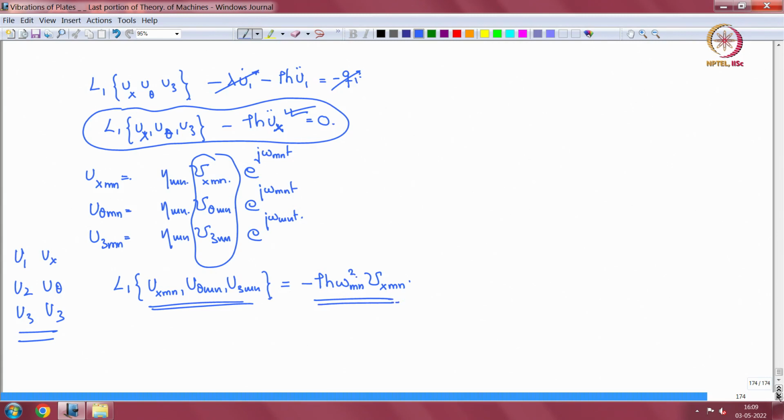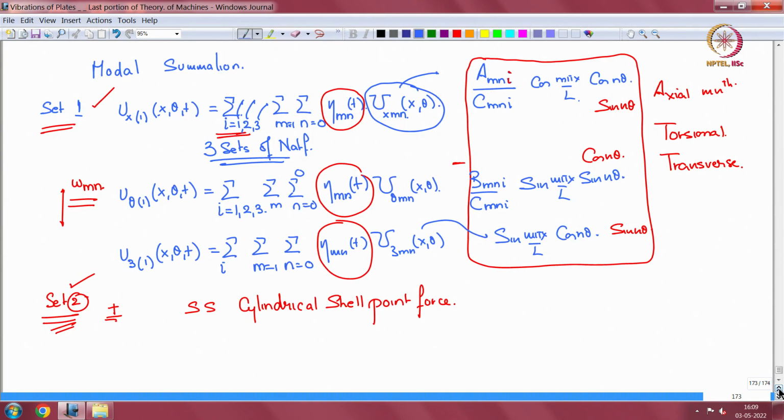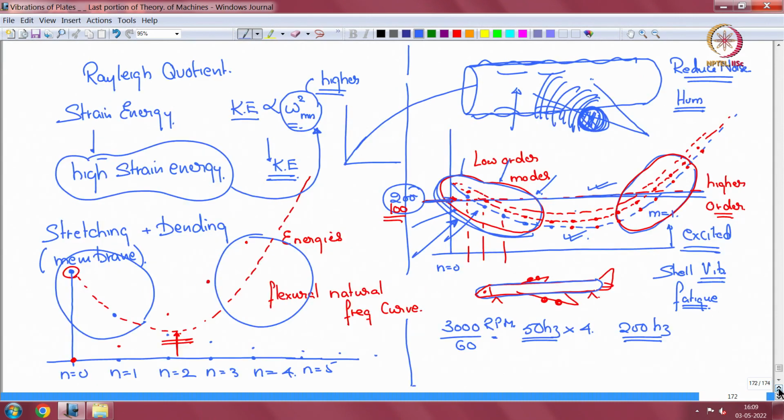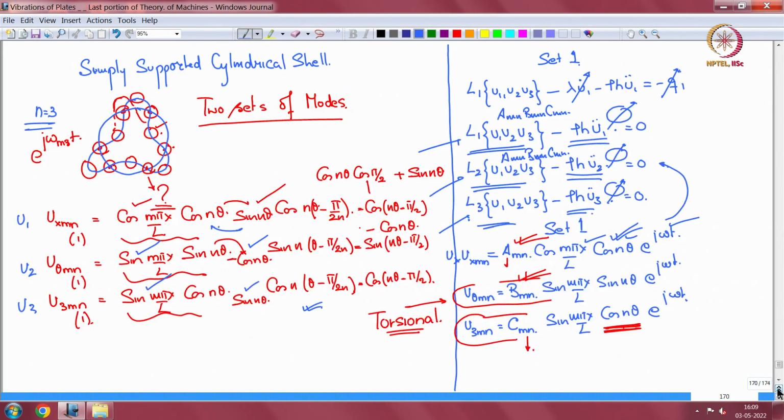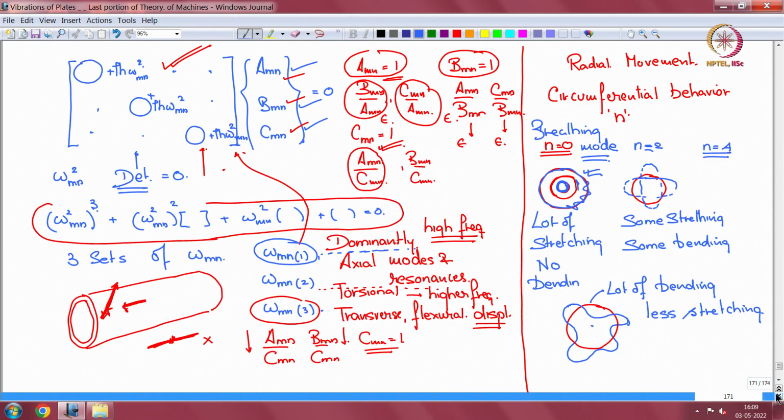Okay. That is what we did earlier also. Yeah, that is what we did here. This into this plus this into this plus this into this is equal to 0.